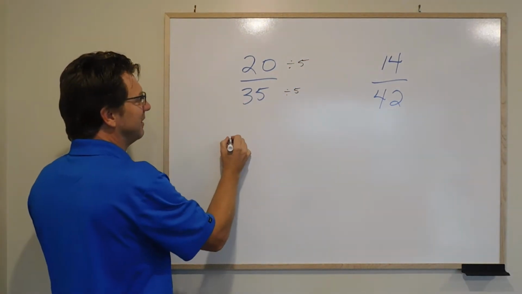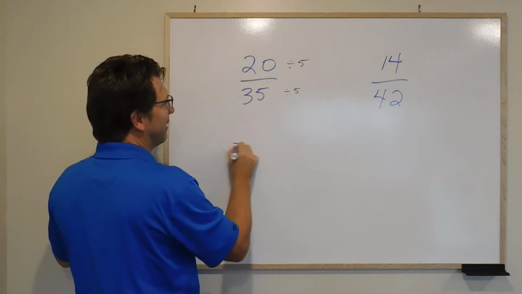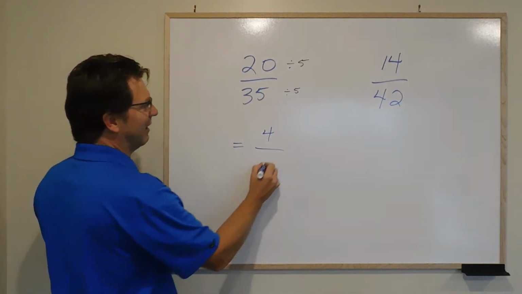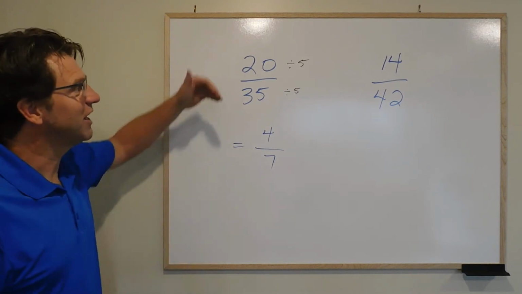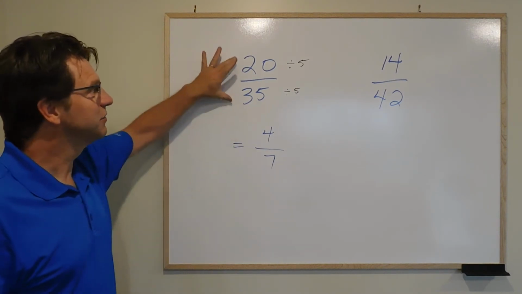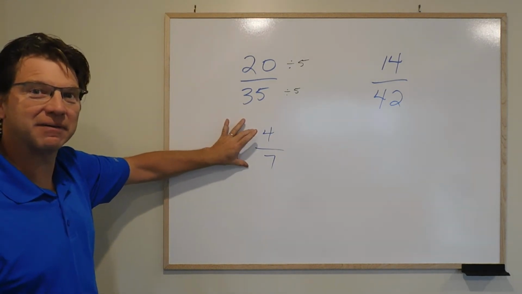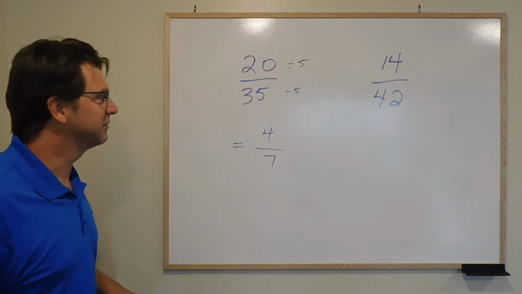If I do that, 20 divided by 5 is 4, and 35 divided by 5 is 7. So what we've done is we've reduced it. These are equivalent fractions. 20 divided by 35 is equivalent to 4 over 7, right? This gives us the same ratio for numbers.